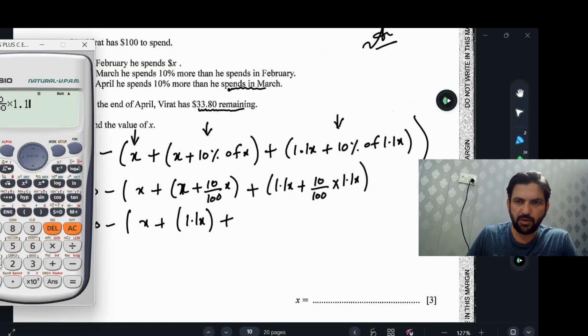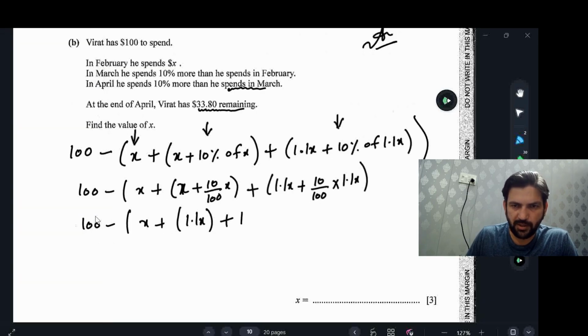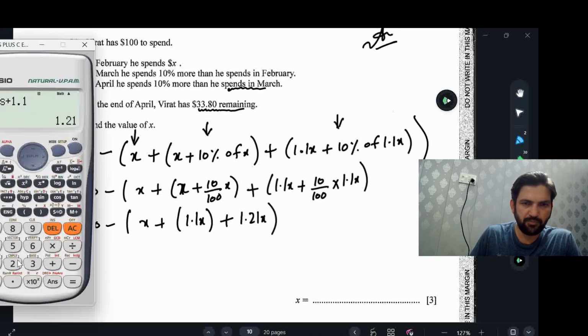So this will be equal to this thing plus 1.1. So this should be equal to 1.21x. Now if we add these brackets, so plus 1.1 plus 1, this should be equal to 3.31x.